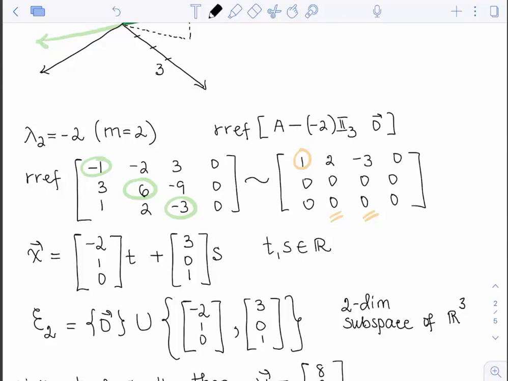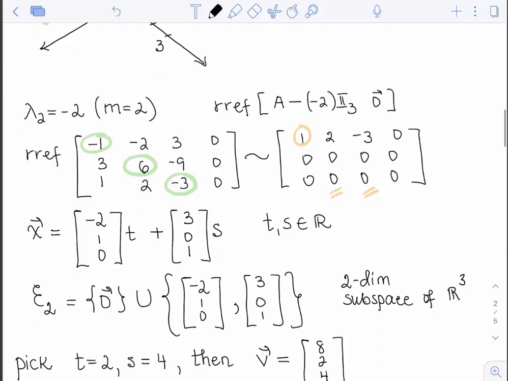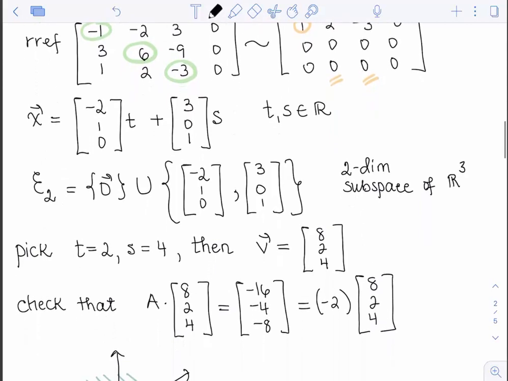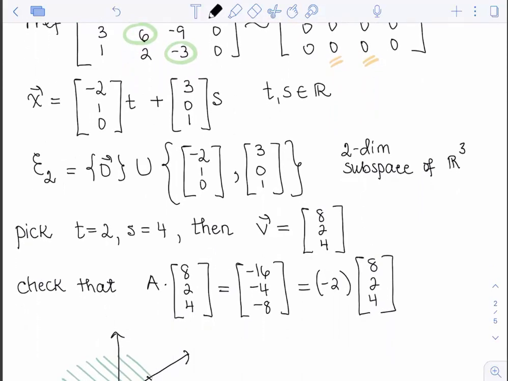Now, before we proceed, my recommendation is to pick a vector from this eigenspace, a non-trivial combination of the basis elements. So I picked t equal to 2 and s equal to 4 and computed my vector v.